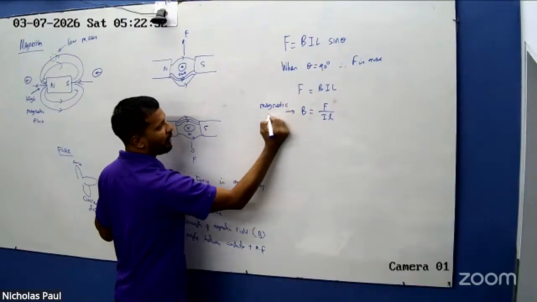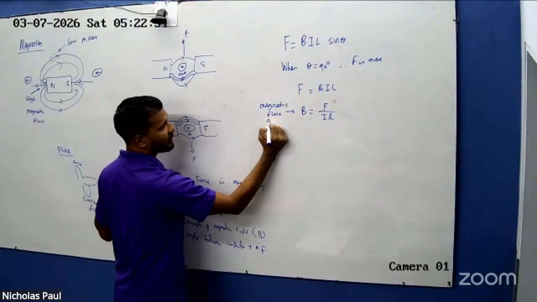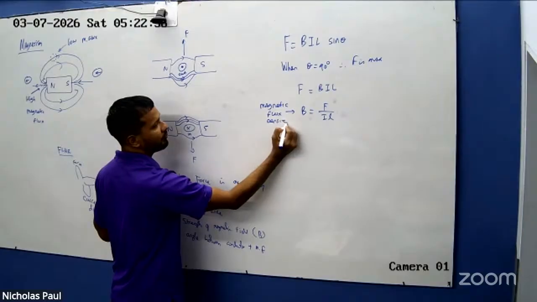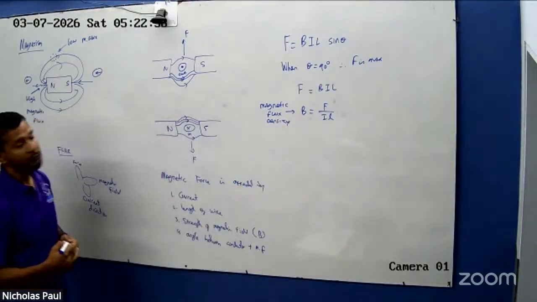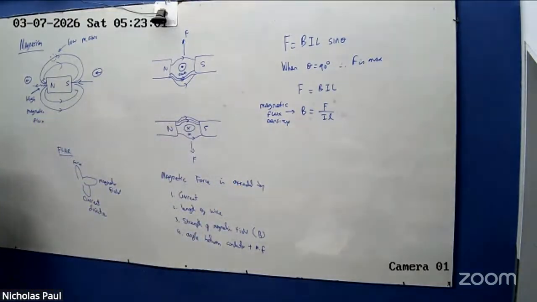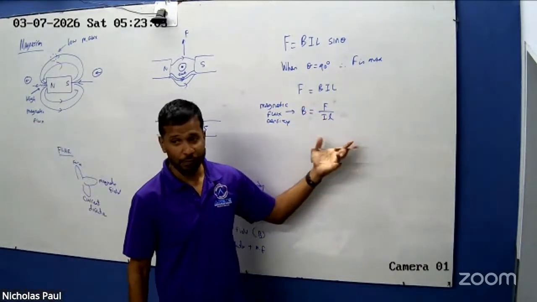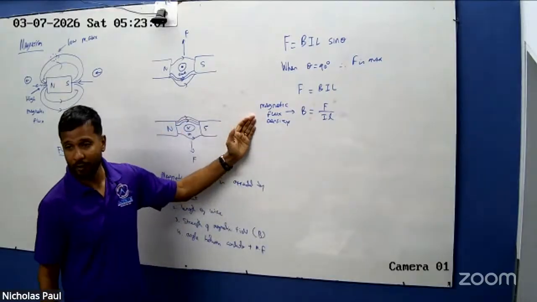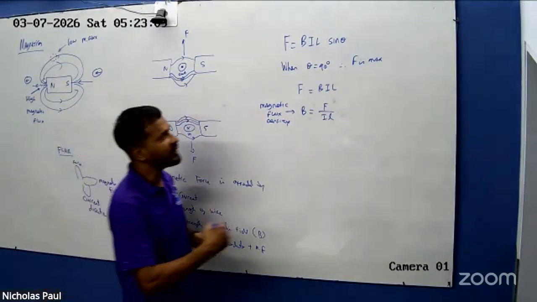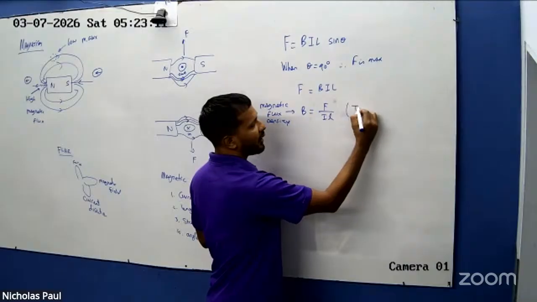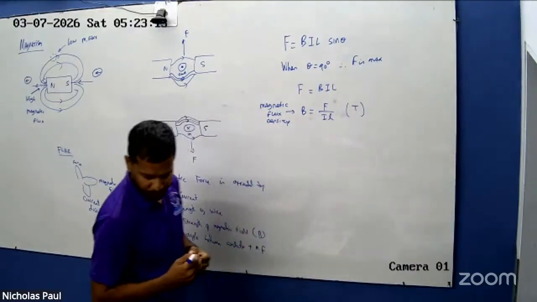B is called the magnetic flux density: force acting per unit current per unit length. So from this, you have a formula for magnetic flux density. What's the SI unit? Tesla. Very good.